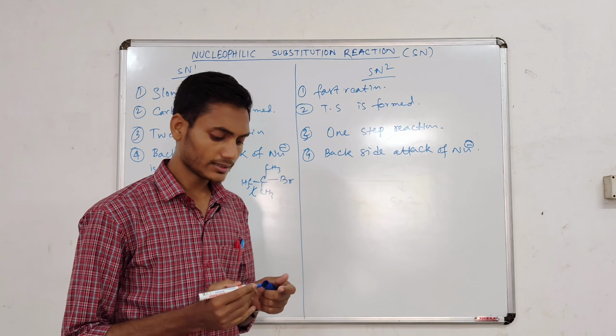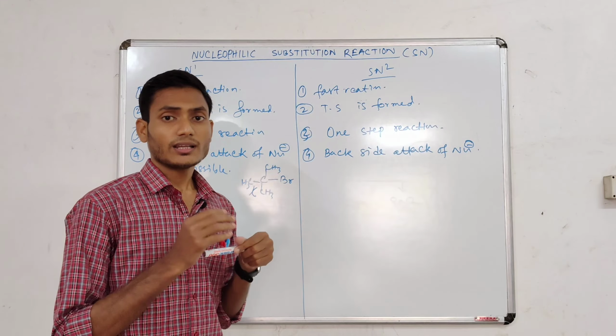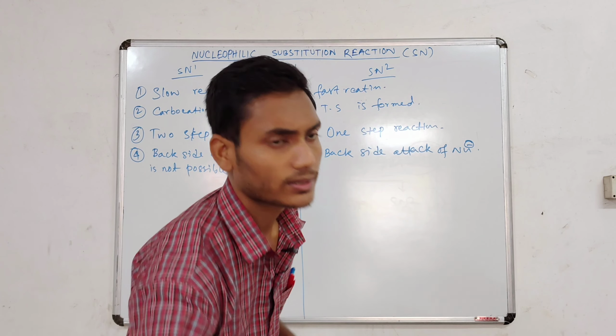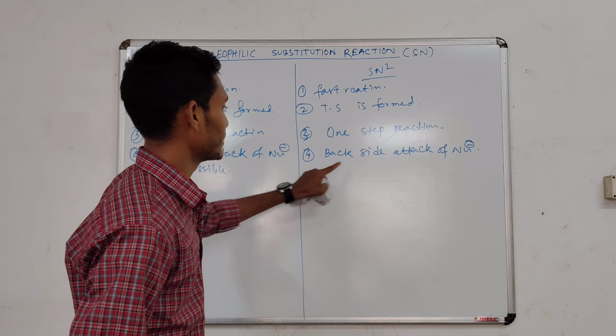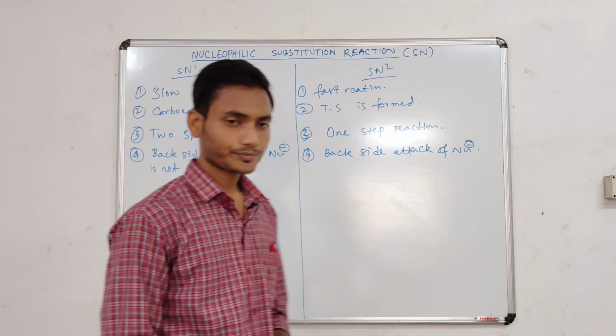What is steric hindrance? Steric hindrance is the repulsion between larger groups. In SN2 reaction there is no steric hindrance or steric effect. So here backside attack is possible and there backside attack is not possible.